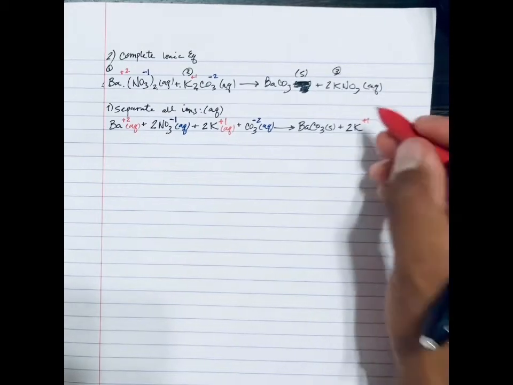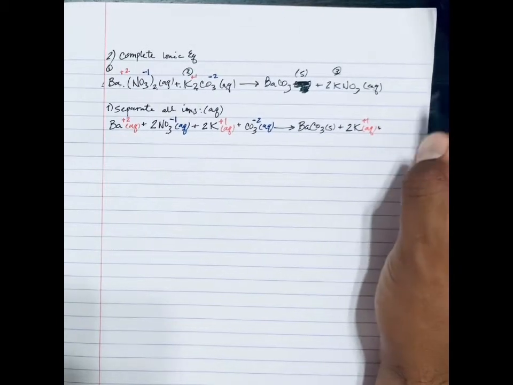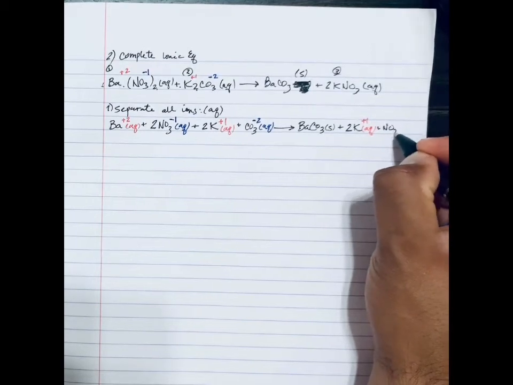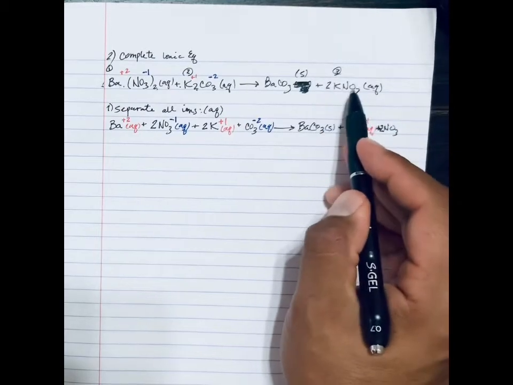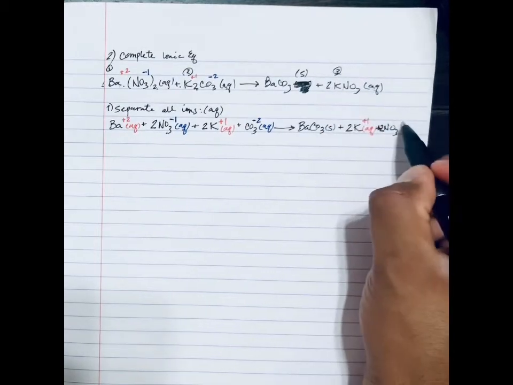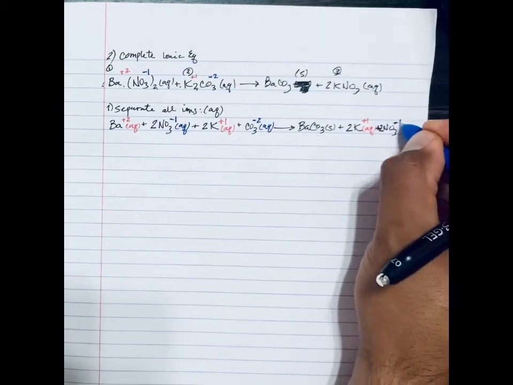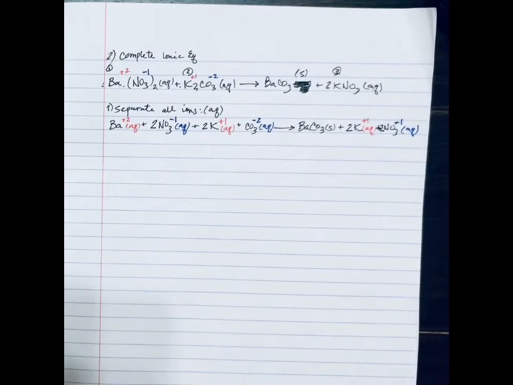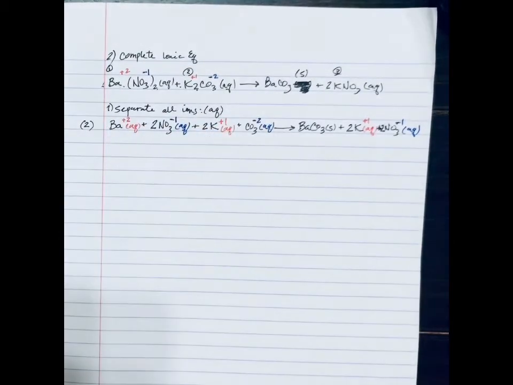And then it's AQ, and then plus NO3, and since there's a coefficient in front, you have to put a 2, because it's 2 times the 1 of the subscript, and then this one's going to be a -1. It'll be AQ. Okay. Right, so that's for the complete ionic equation. That is answer for number 2.